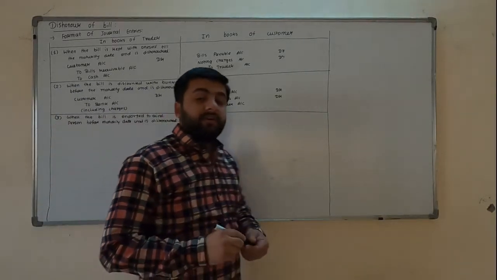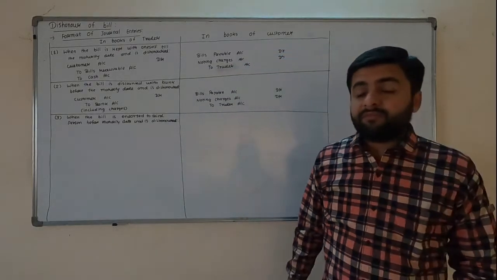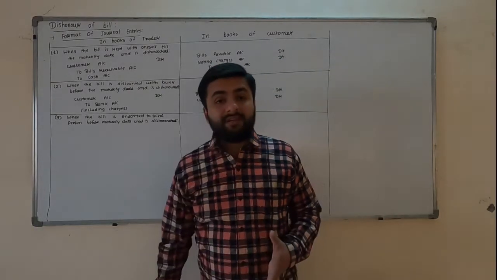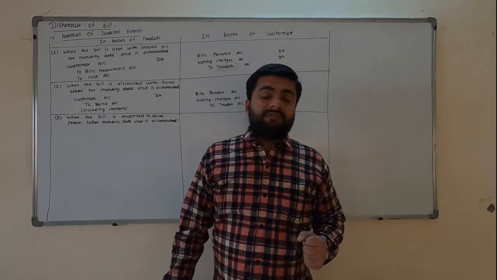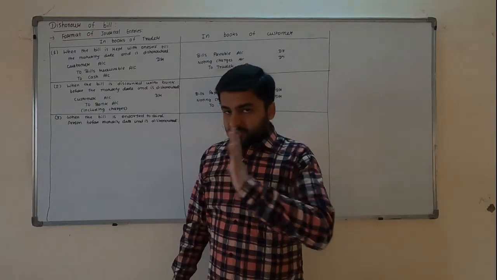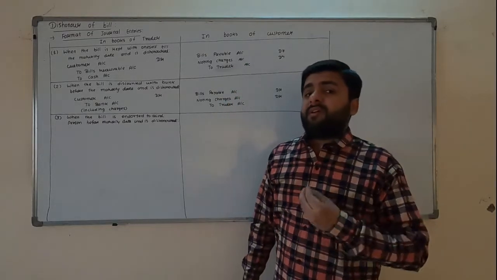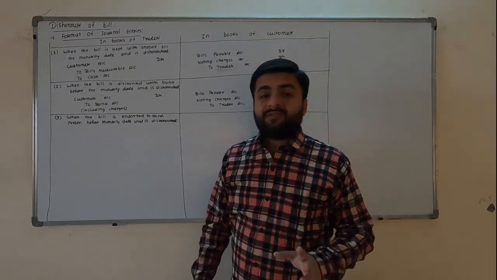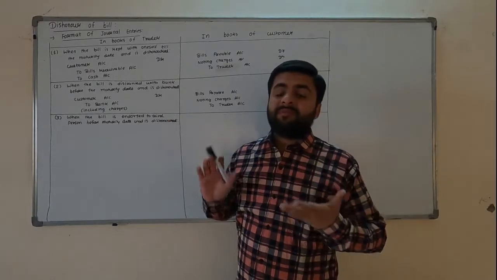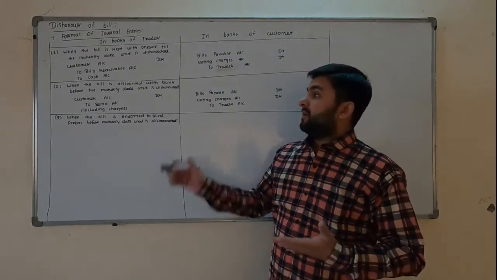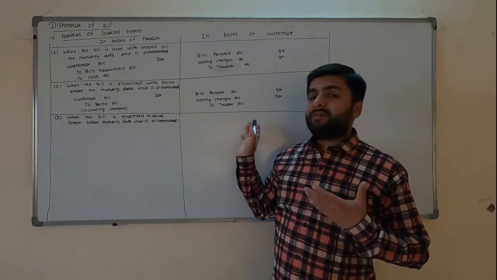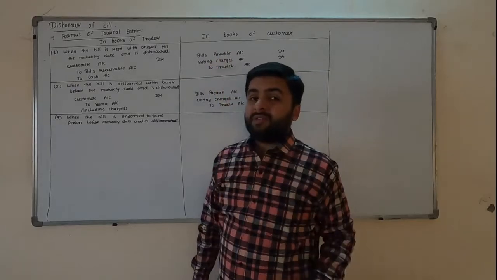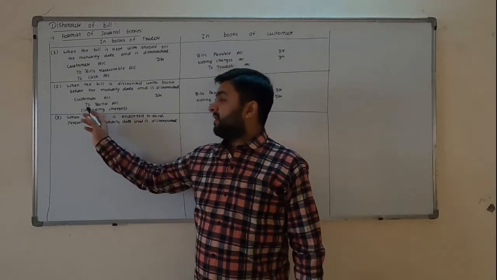Now, according to the third type of use, we are endorsing that bill to a third person to whom we have to pay the money before the maturity date. So, we have given that bill to the other person before the maturity date, so that entry is over, other person will be debited, bills receivable will be credited. But now again on the maturity date, this customer is not paying the money, and we have given the bill to the other person. Now what to do again?